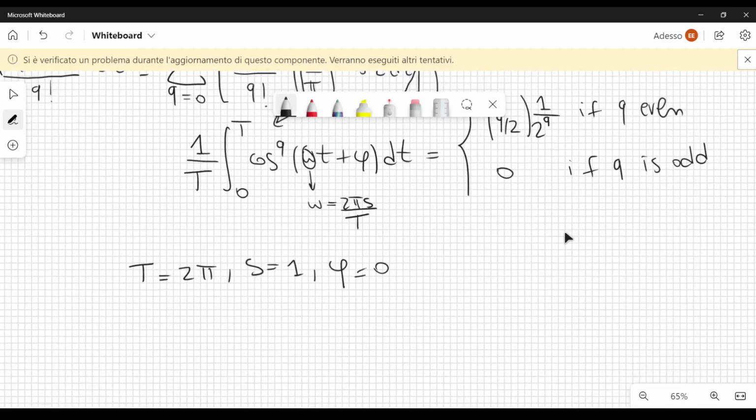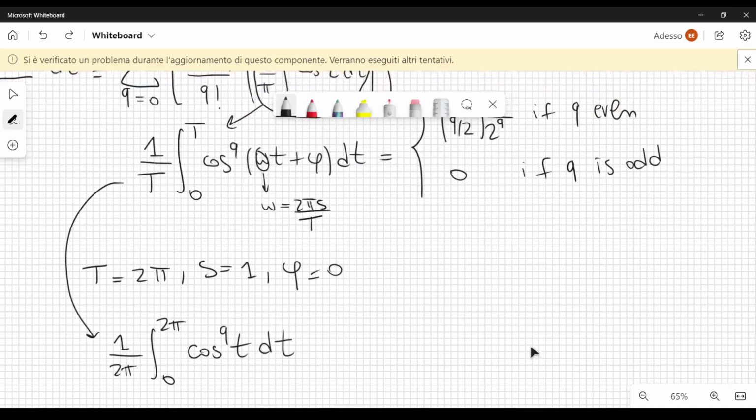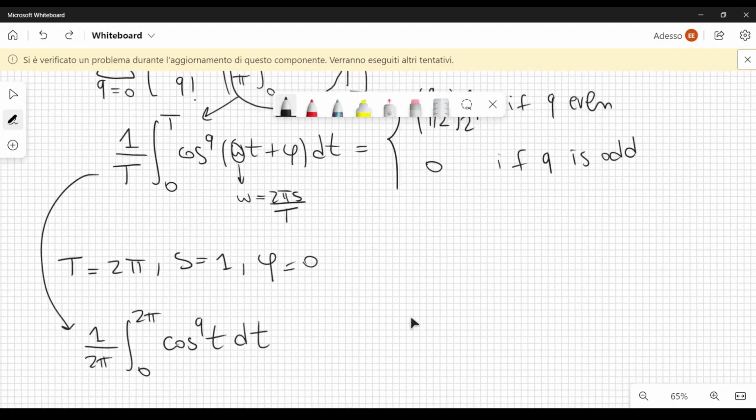So this integral here will become 1 over 2 pi integral from 0 to 2 pi of cosine to the power q of t dt. Then, of course, this will be equal to this expression here. Now let's consider the even q's, because I'm not really interested in odd q's since the result will be 0.